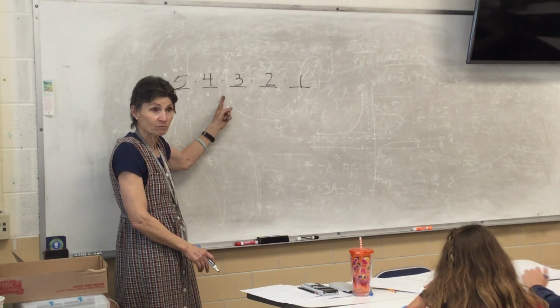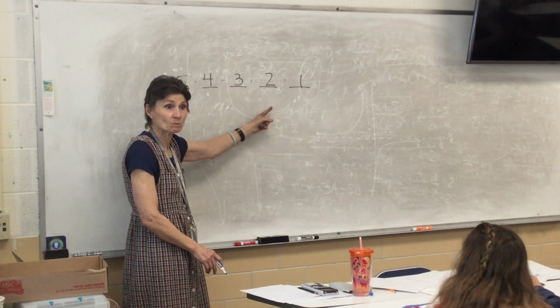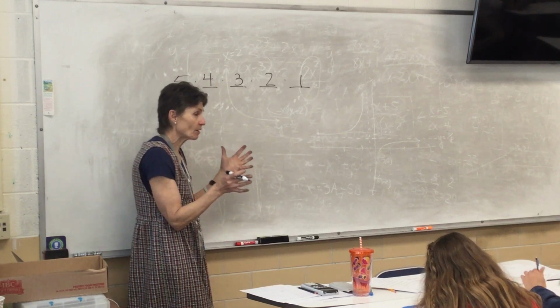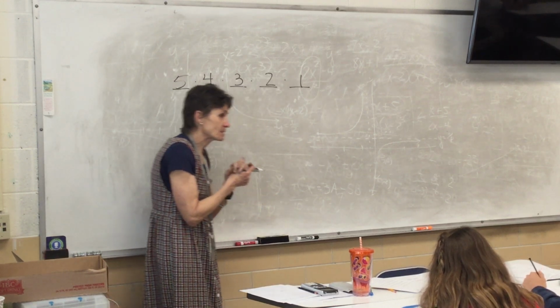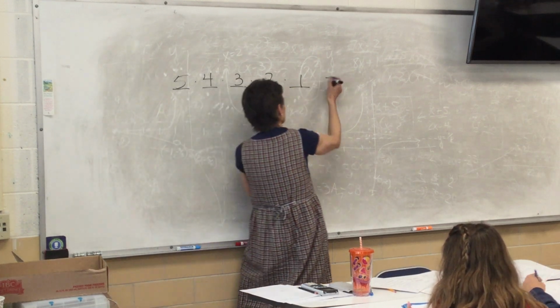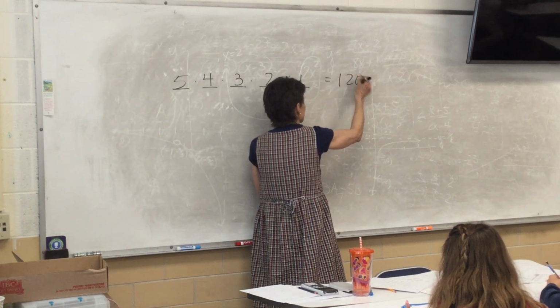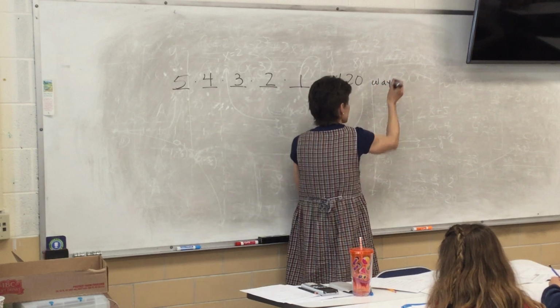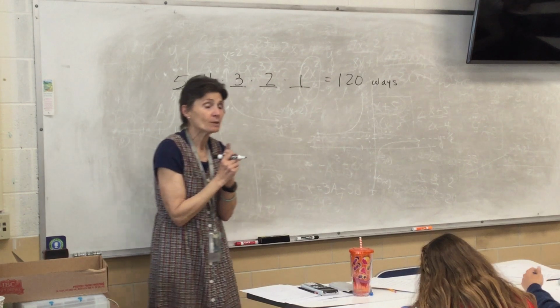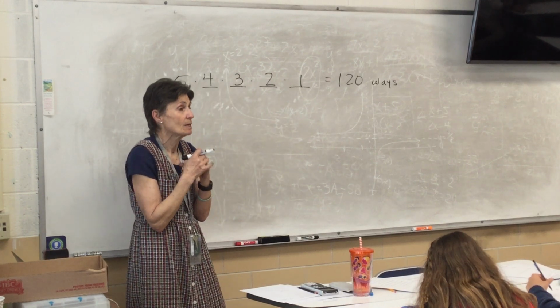So 5 times 4 times 3 times 2 times 1. Now, could we type that in our calculator? Absolutely. Some of you have already done it. What do you get when you multiply all those together? 120 ways. So there are 120 ways that you can arrange 5 books on a shelf.